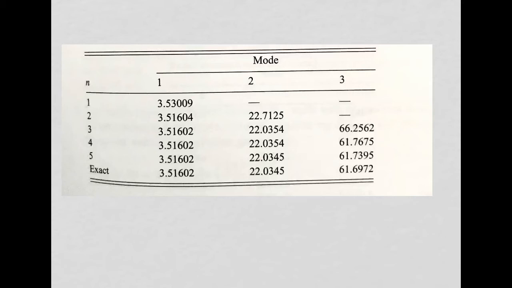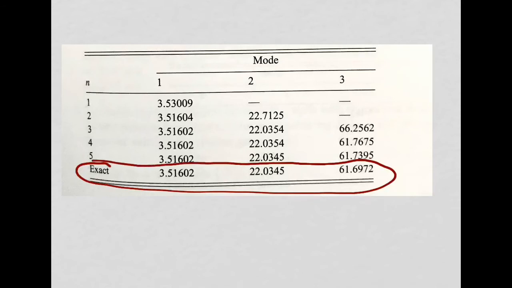What you have here, on this last row, is the exact solution for the clamped beam. The first column is the number of terms in your approximation function, or the number of shape functions, or the number of elements in your FEA mesh. The more terms, the more accurate your solution should be.